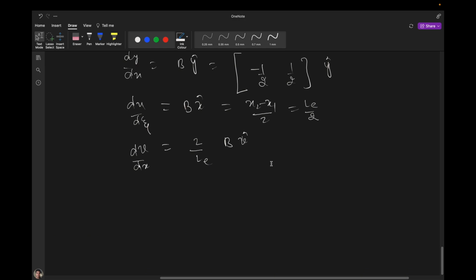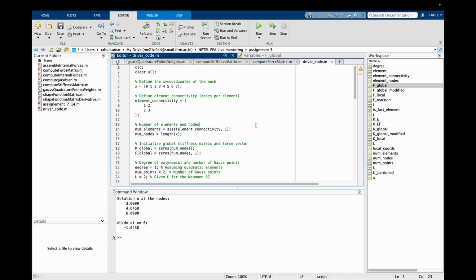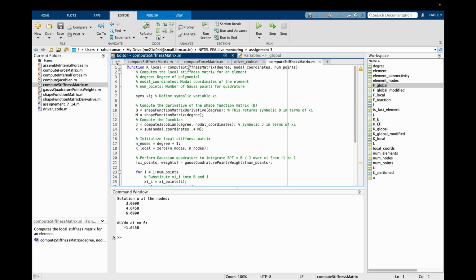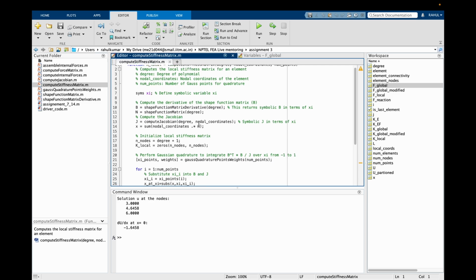Now we will go to the code. Okay, so this was the code, this is the code for assignment 3. Okay, so first we will go to the stiffness matrix. Okay, so this is the stiffness matrix.